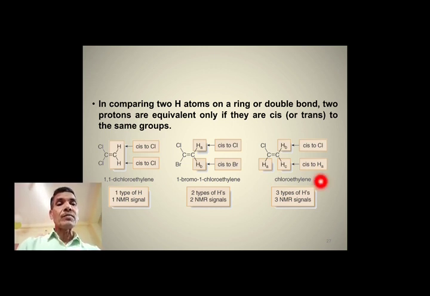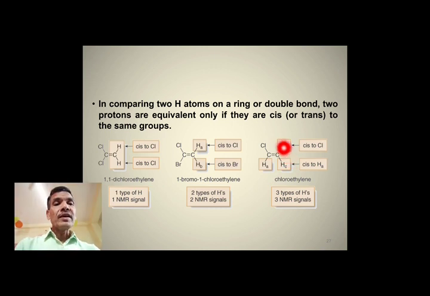In third example, chloroethylene. In chloroethylene, this Ha, Hb, and Hc. Here, Ha is attached to carbon atom having chlorine. Its chemical environment is different than Hb and Hc.